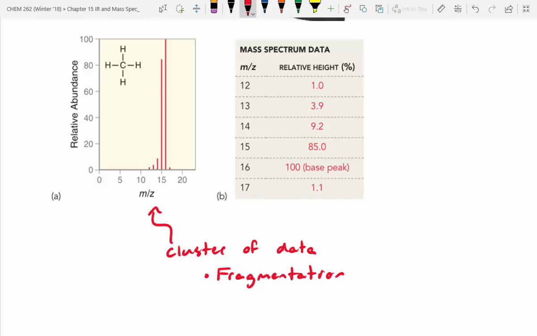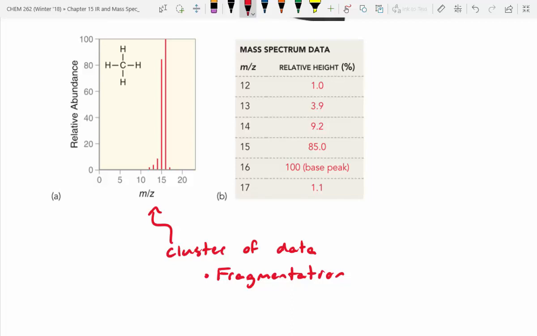Does anybody have another idea for why maybe there's a cluster of different peaks outside of fragmentation? I'll give you guys a hint. How do they study how old dinosaur bones are? Half-life of what? Of carbon-14 for dinosaurs, right? So carbon, for the most part, is carbon-12, like 99% roughly.